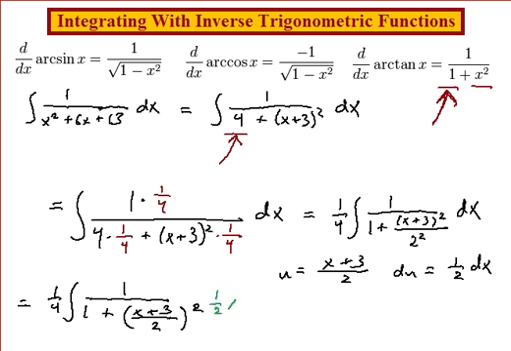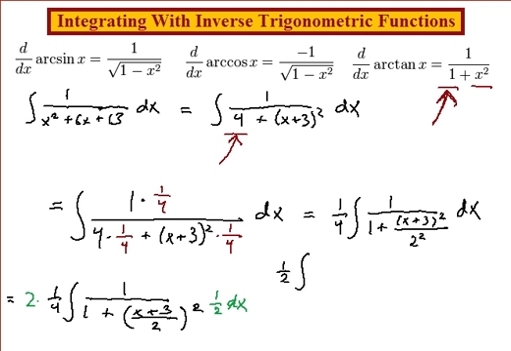And in order to counterbalance that, we'll multiply the outside of this integral by the constant 2, or 2/1. We rewrite, perhaps one last time. 2 times 1/4 is 1/2.